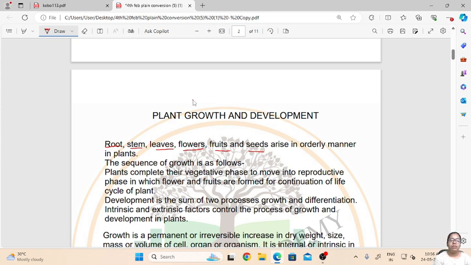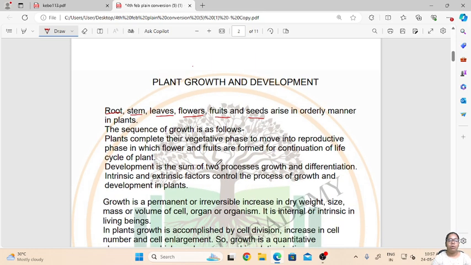The sequence of growth is that the plant completes its vegetative phase to move into the reproductive phase, in which flowers and fruits are formed for continuation of the life cycle of the plant. So development is the sum of two processes, growth and differentiation. Intrinsic and extrinsic factors control the process of growth and development in plants.